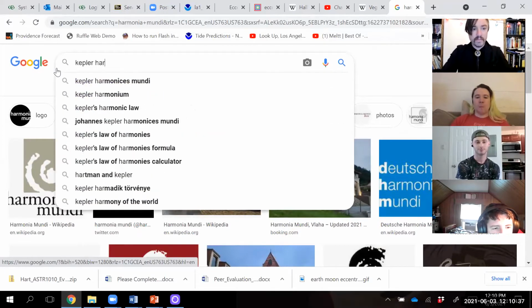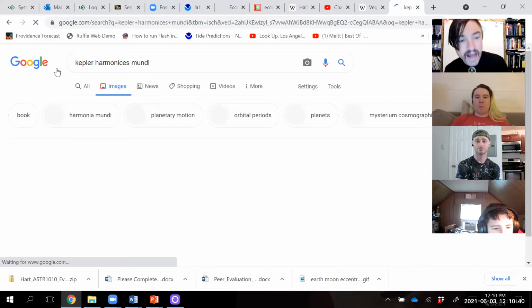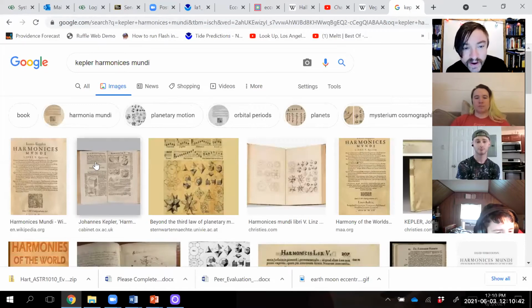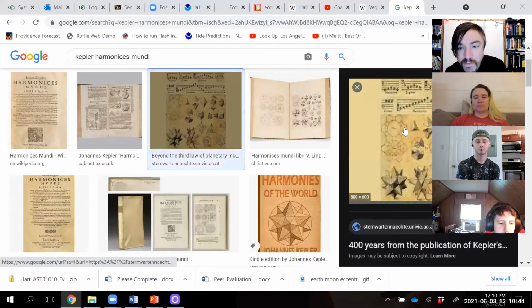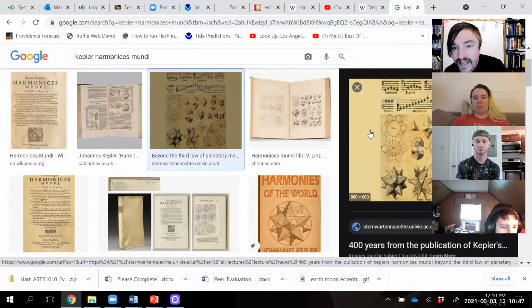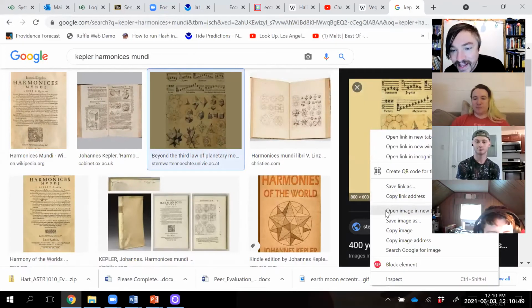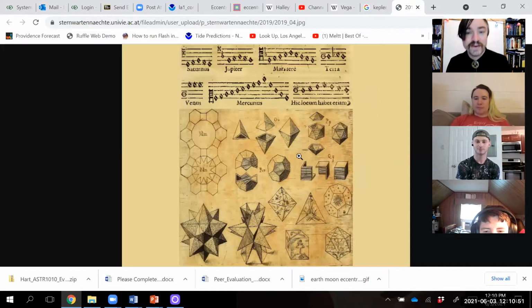After he derives his p squared equals a cubed, his book suddenly breaks into song, and he uses the periods of the planets to compose their natural song. So there was a sort of resonant frequency for Mercury, and one for Venus, and one for Jupiter. Pretty wild and weird stuff if you actually look into it. However, his laws stand today as extremely useful in describing how planets and stars orbit one another.